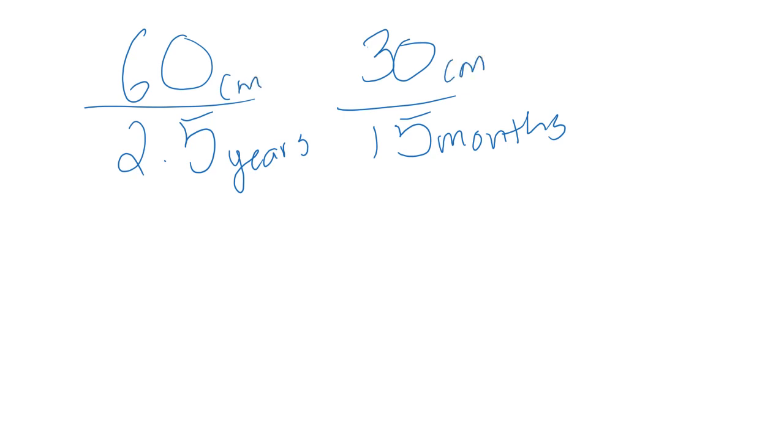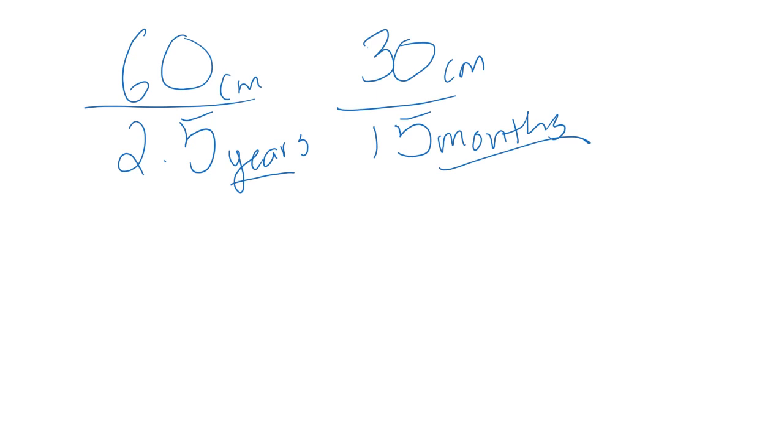Now, if I were just looking at the numbers here, I could tell, well, the relationship between 30 and 15 is just dividing by 2. That's definitely not the relationship between 60 and 2.5. However, this is in years, this is in months. So I need to make sure my units are the same before I compare them. So if I have 15 months here, how many years is that?